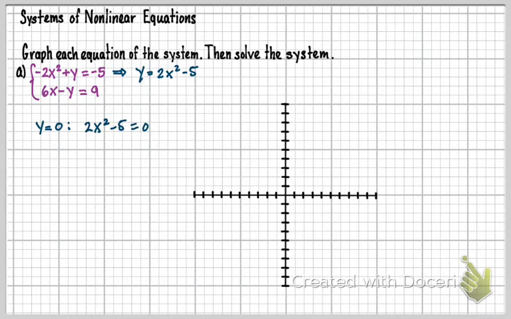And then when I solve, I'm going to get x equals plus or minus the square root of 5 over 2, which is about 1.58. And I'd just like to get an idea of what that is before I do my graph here.